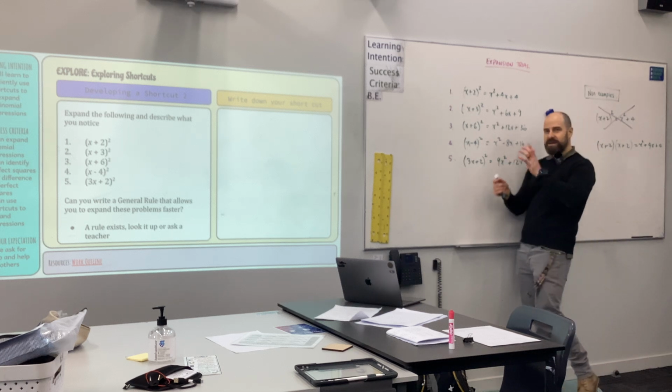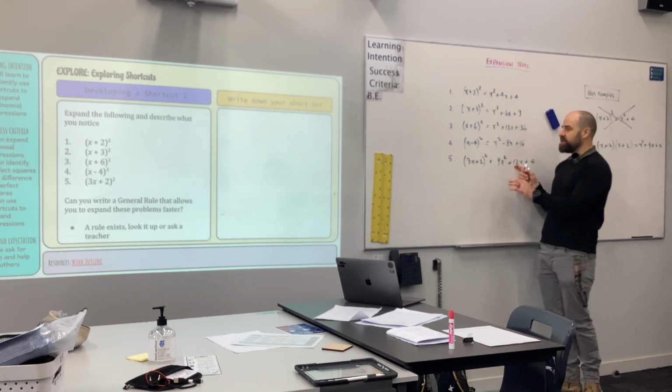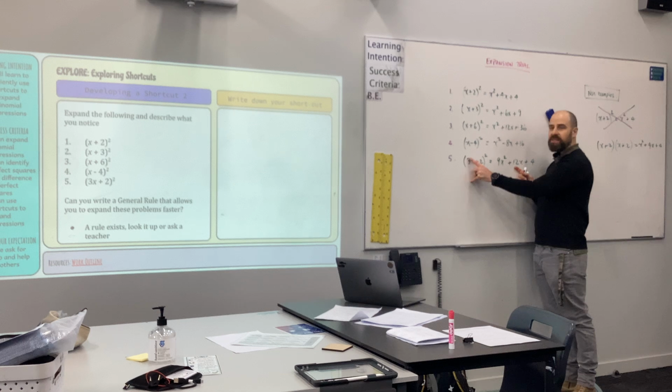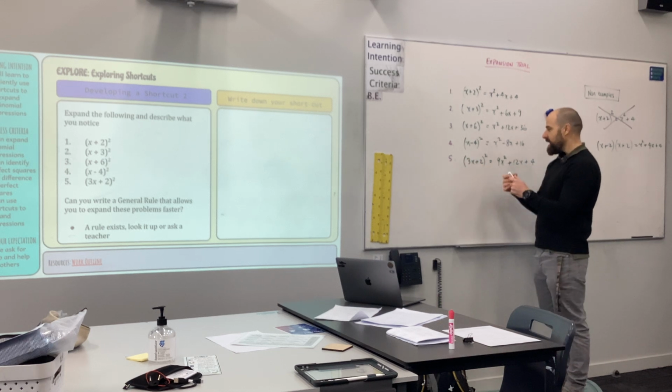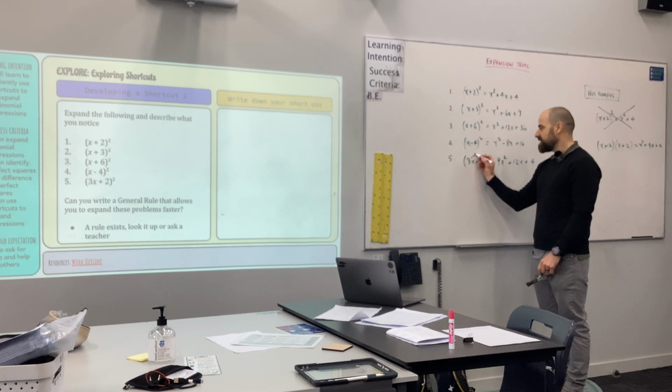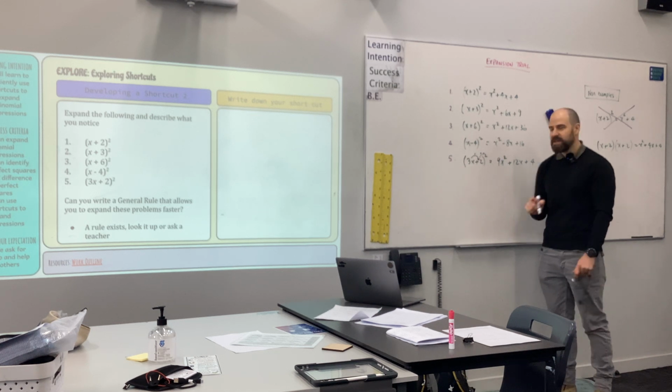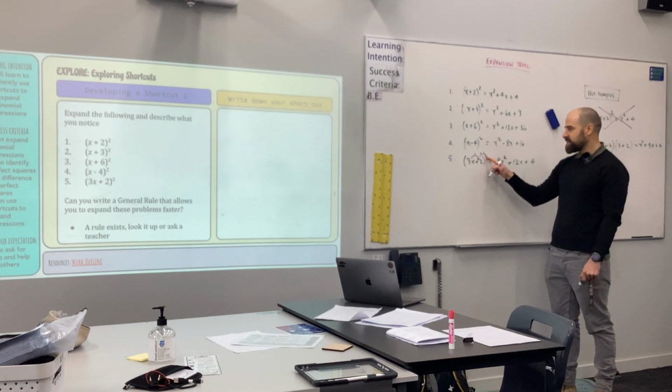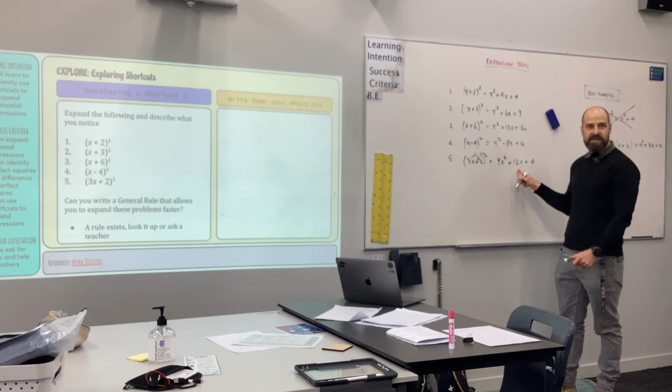Yes. What I actually do to get my middle term in this case, I take the first one, 3x, I multiply it by the second one, which is 2. 3x times 2 is 6x, and then I times it by 2, because it's squared. So 12x.